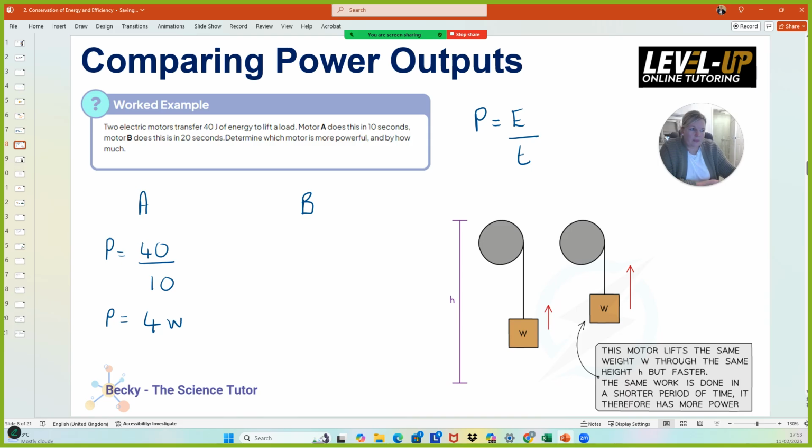Motor B, we're still using that 40 joules of energy. This did it over 20 seconds. Sorry, just giving you all a chance to put your answers through. Power is 2 watts, and therefore which one is most powerful?